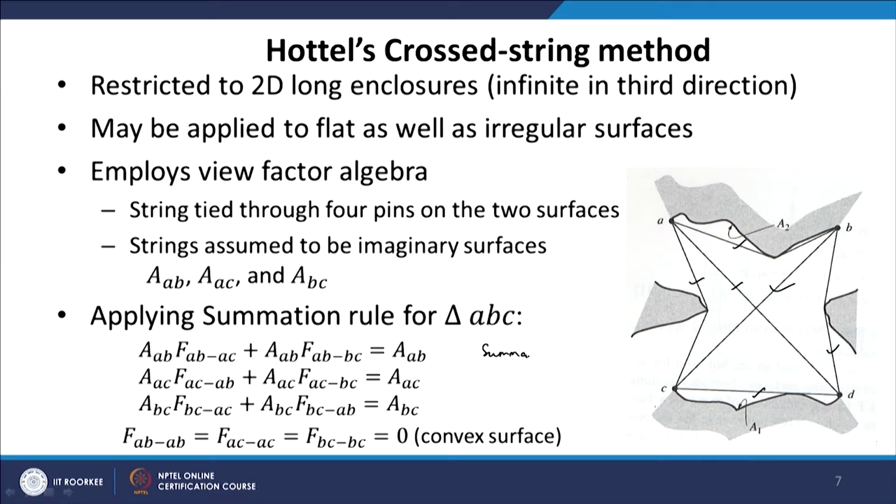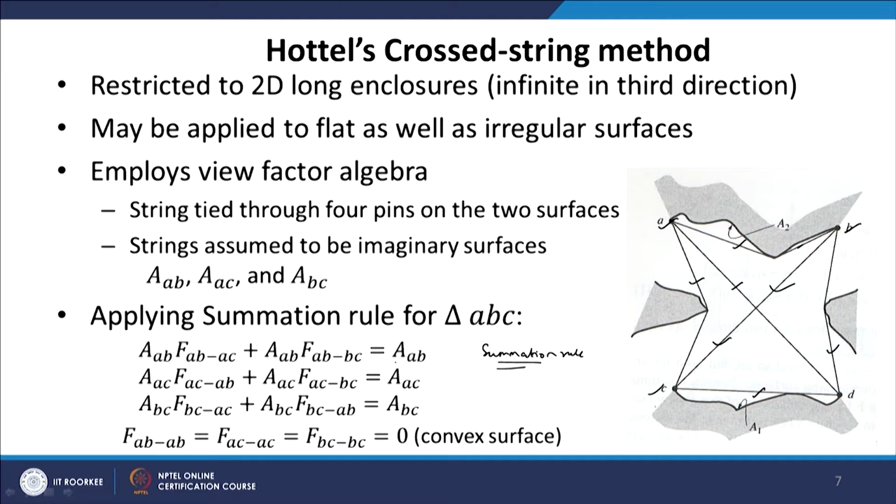So, what we do is we have the summation rule. The summation rule is applied to the various view factors. So, for example, the triangle A, B and C, we have this surface AB. Okay. So, F_AB to AC plus F_AB to BC, so BC is this length, and F_AB to AC is equal to 1 or AB.